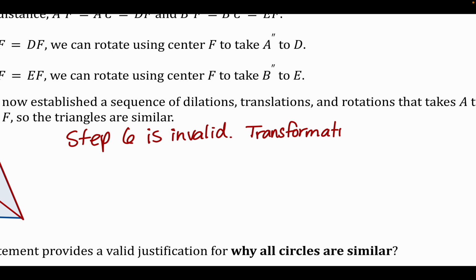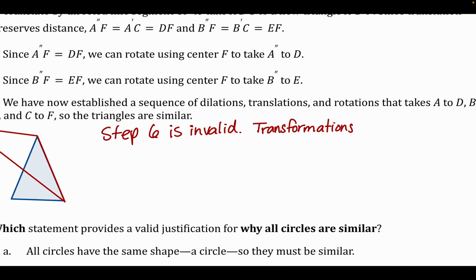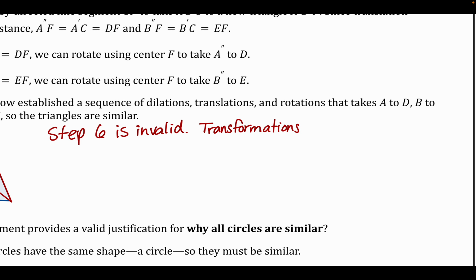We're going to say transformations affect the entire shape. The other way you can describe this is that transformations affect the entire plane, which is just everything there. We'll say the entire figure.